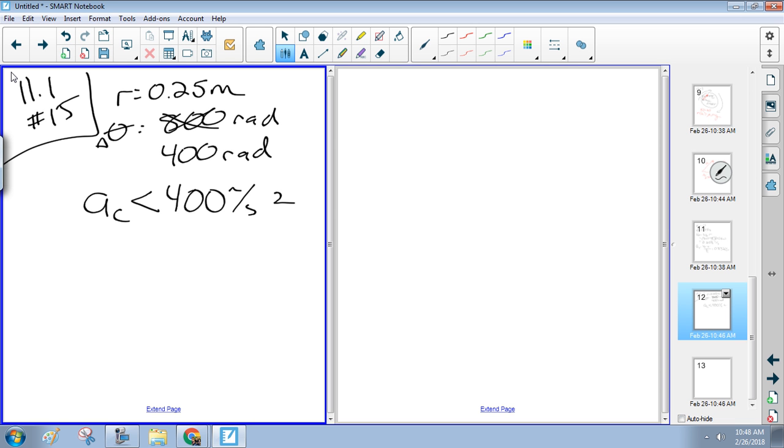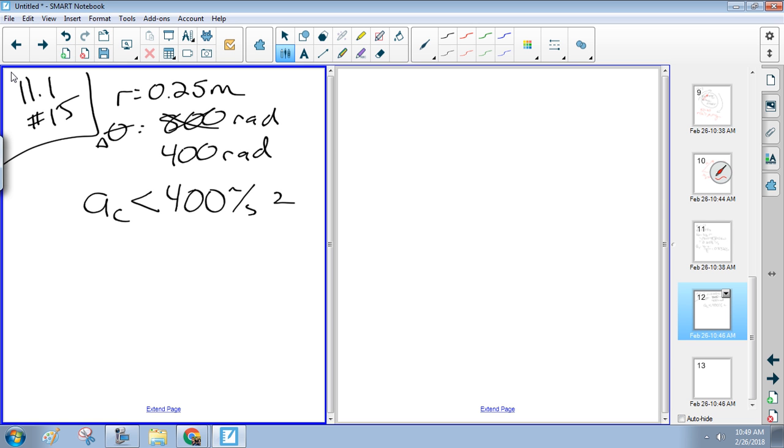First of all, can we agree that it's going to take the same amount of time to speed up as it is to slow back down? Does that make sense? All right, so the question then is what's the least time that we can use to rotate through 400 radians with this condition?